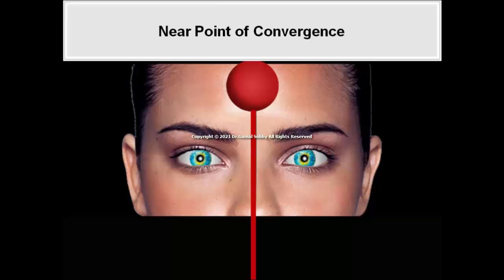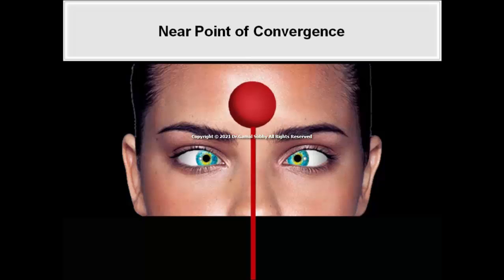The near point of convergence, NPC, is determined by placing a fixation object at 30 to 40 centimeters in the midplane of the patient's head. The patient is then asked to maintain fixation on the object. The object is then moved toward the eyes until one of the eyes loses fixation and turns out.